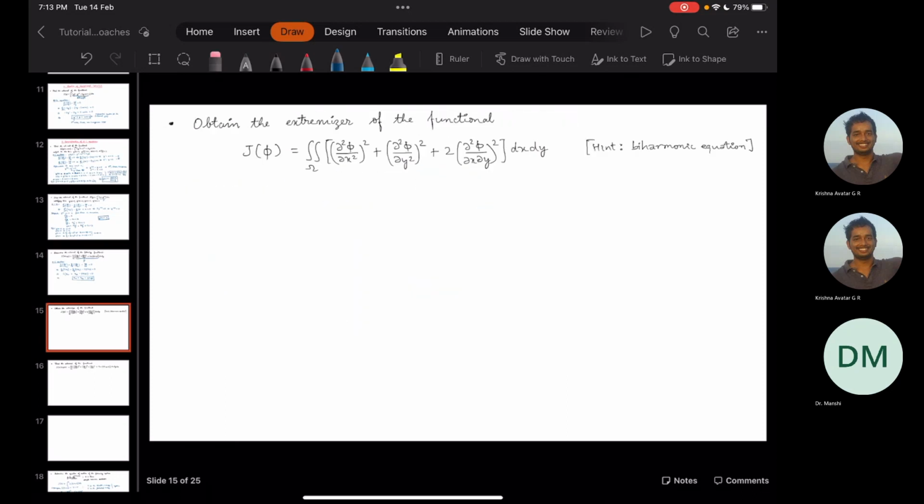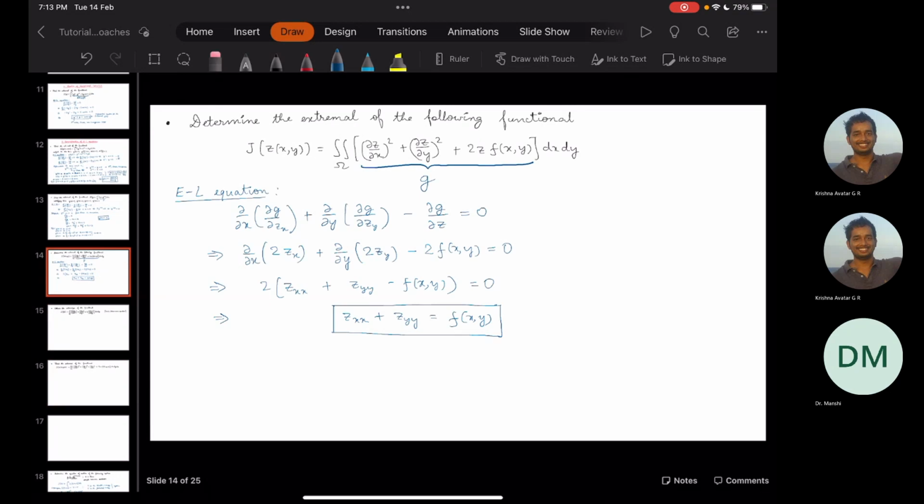So that's one particular phenomenon that it tends to model. And it also has a name of its own. I'm sure you must be knowing the name. It's known as the Poisson equation.